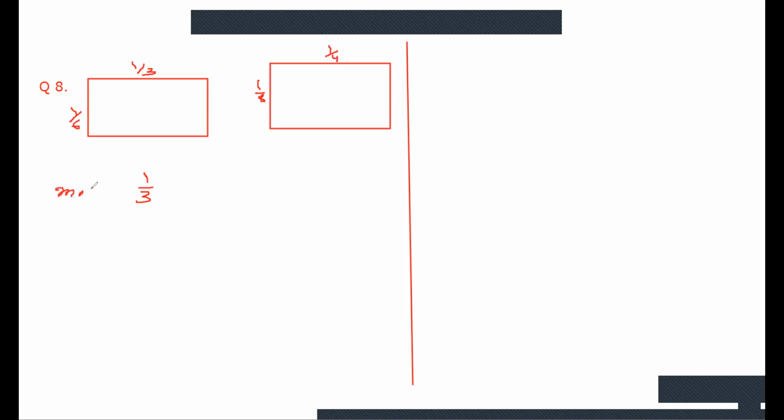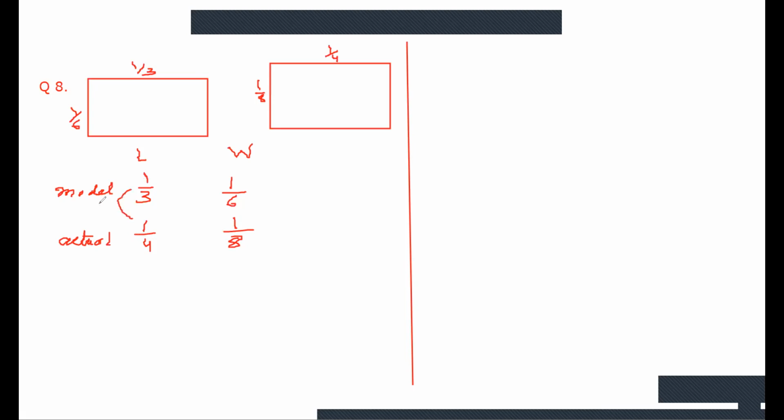This one was the model, and this is the actual. The actual length is 1 over 4, L, and the width is 1 over 8. Am I correct? What did I say, girls?